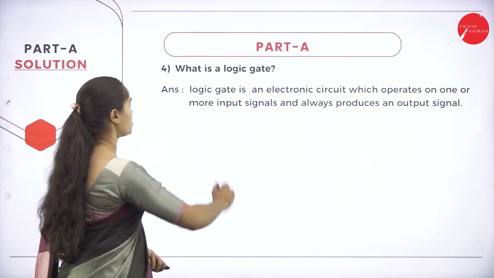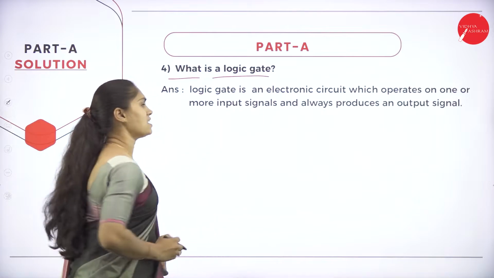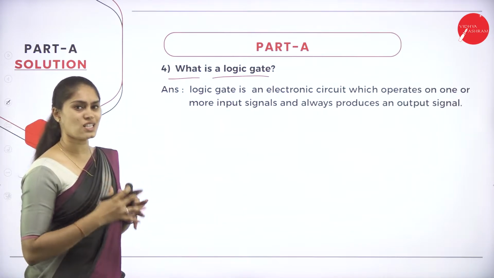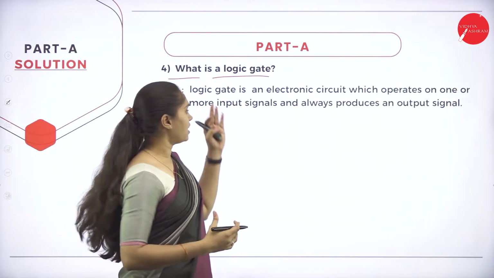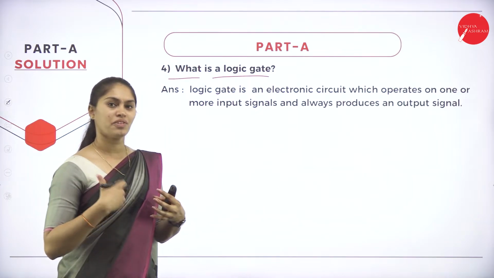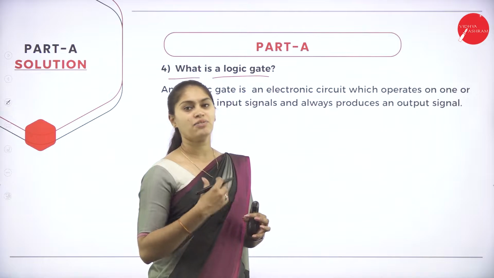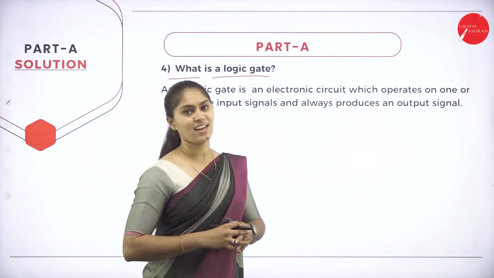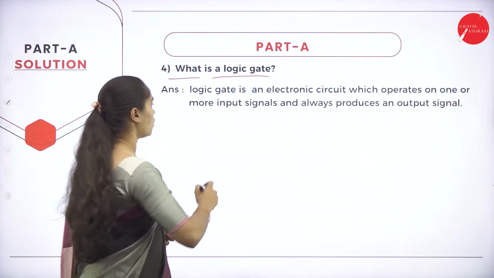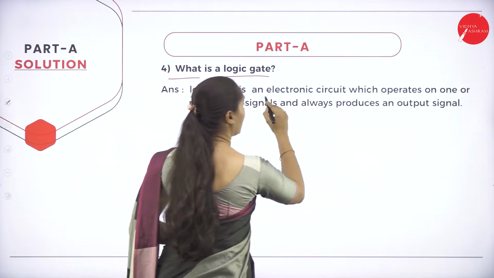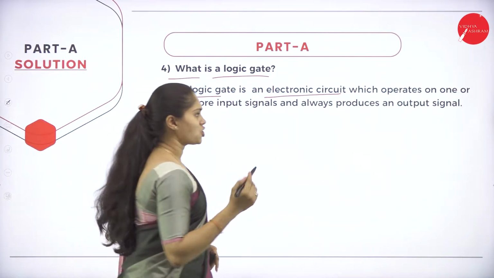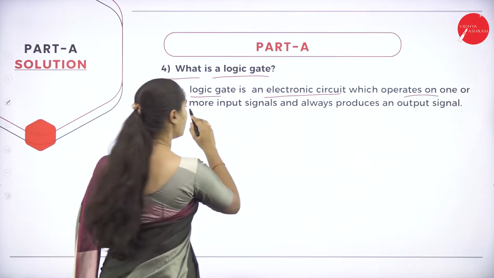We'll see the next question. Fourth one, that is, what is a logic gate? It is an electronic circuit which operates on one or more input signals, but it always produces an output signal.